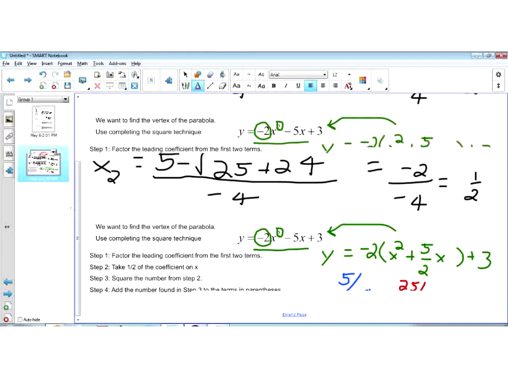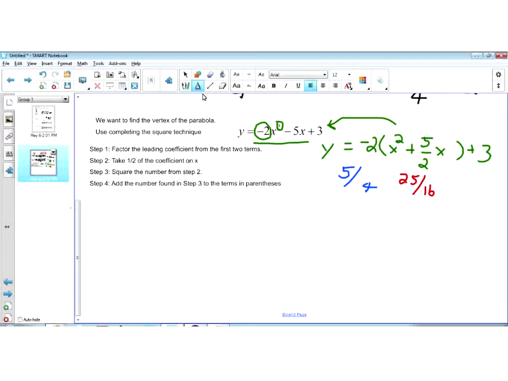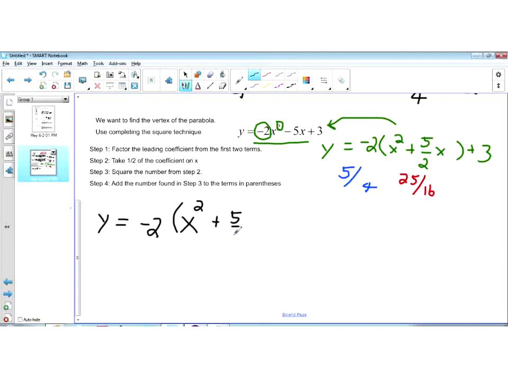If I were to do that, here's what we would get: y is equal to -2 times x squared plus 5/2 x plus 25/16, plus 3. So we've added it to the terms in parentheses like that.